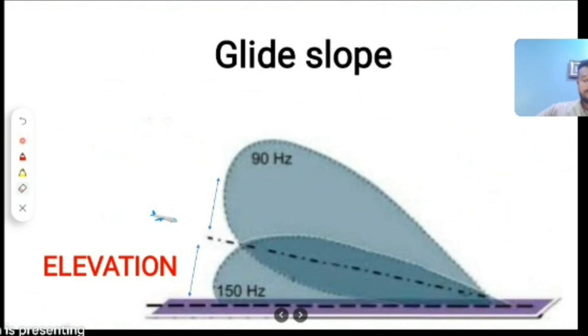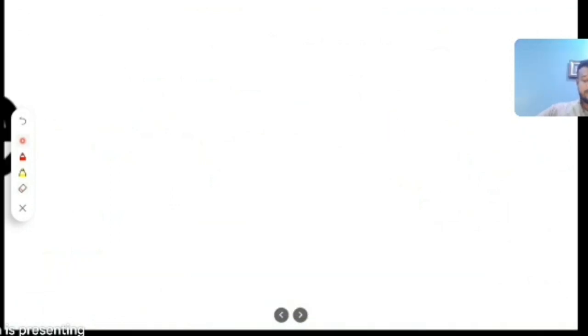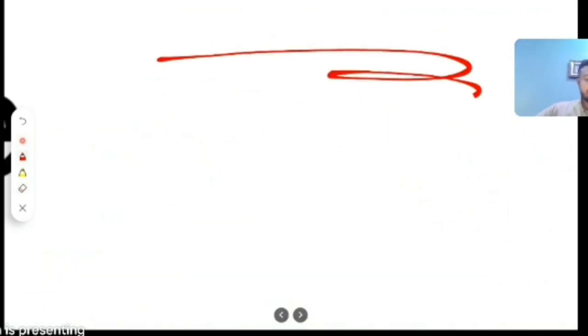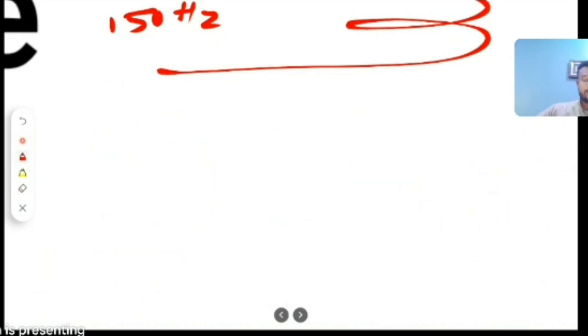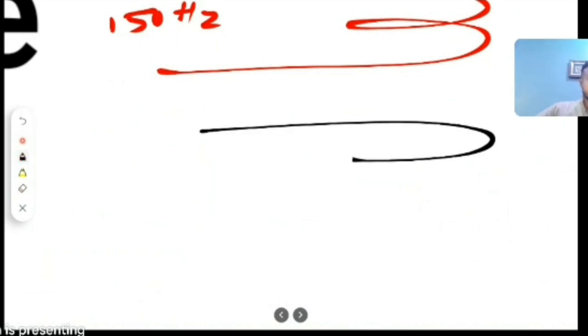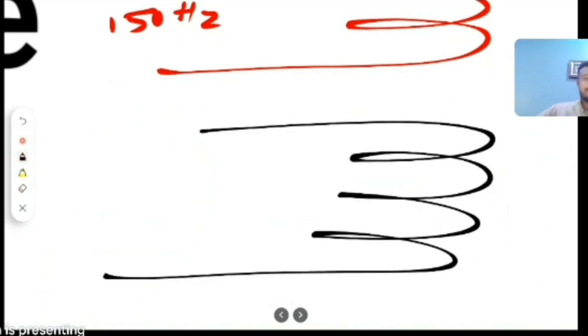For example, just consider there is a coil here. It is sensitive to 150 hertz. Another coil is sensitive to 90 hertz. So you place a core inside.